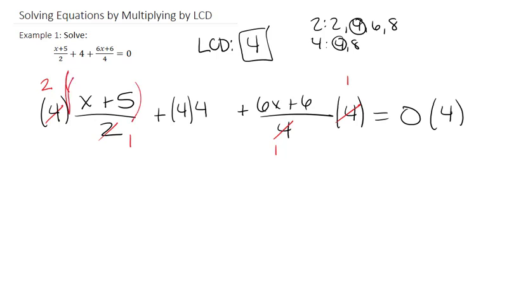So let's go ahead and multiply out. We have 2, and then x plus 5 in parentheses, which is just over 1, so we'll leave it as this. Then we have plus 4 times 4 is 16, plus 1 times 6x plus 6, and anything times 0 is just equal to 0.